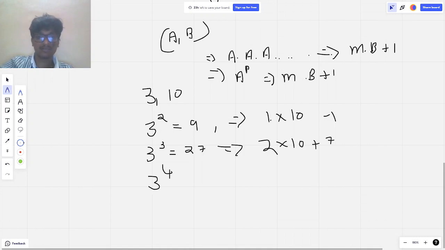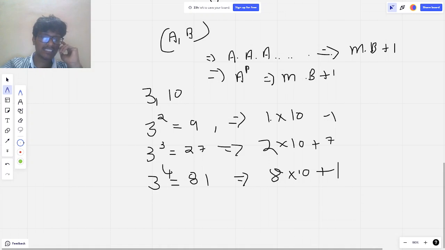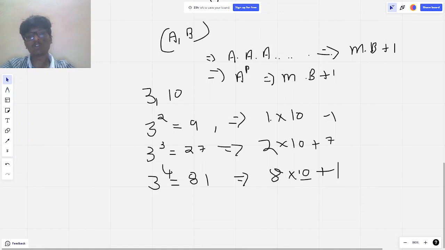But next we take 3 to the power 4, which is 81, and we can write it as 8 times 10 plus 1. So essentially, we take a and multiply it with itself some number of times; for some power p, it will be a multiple of b plus 1.